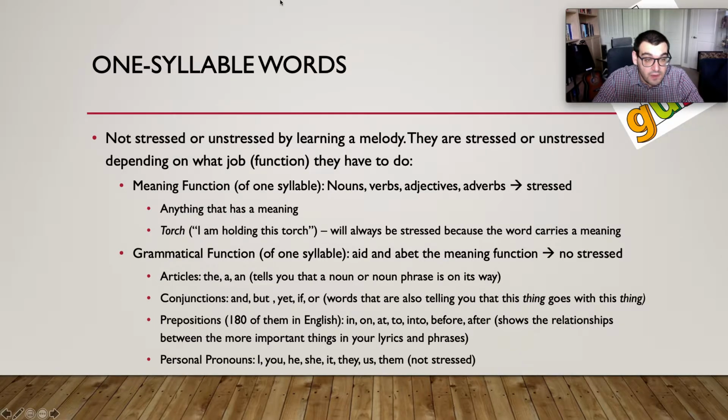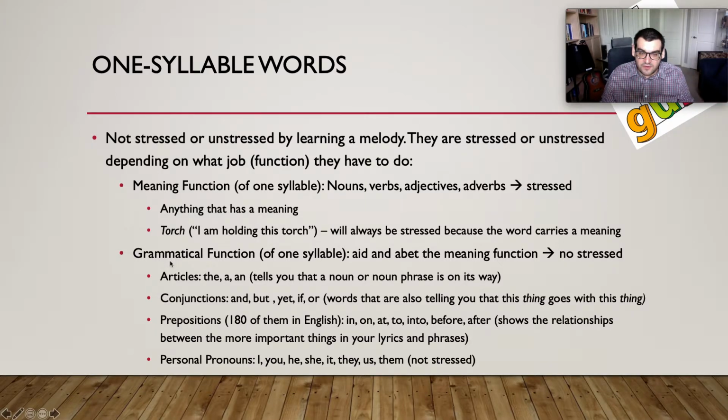One syllable words, like we talked about last week, like torch, gum, butt. Those are one syllable words, and typically speaking, there are two different types of one syllable words. We've got the meaning function, so those that are nouns, verbs, adjectives, or adverbs, they are all stressed.